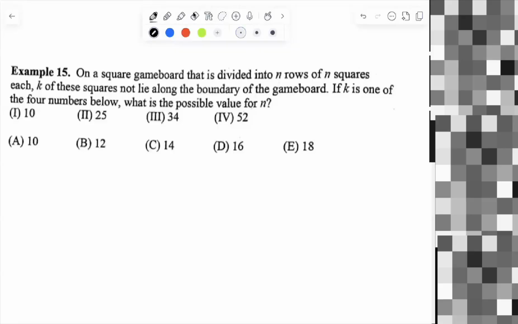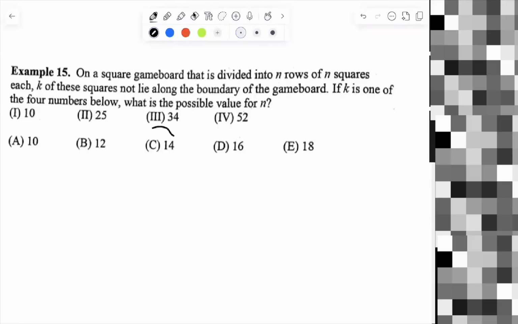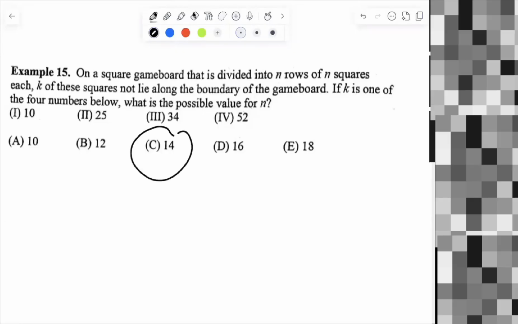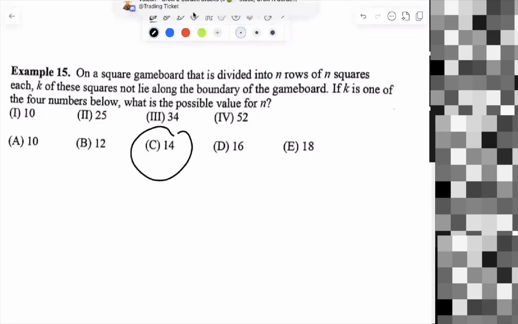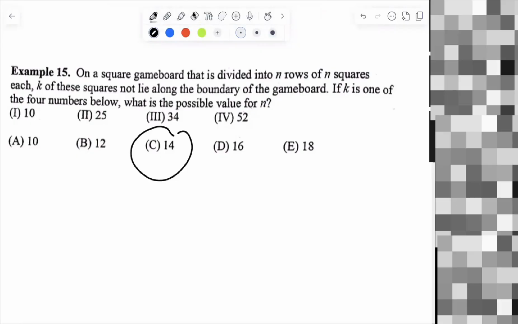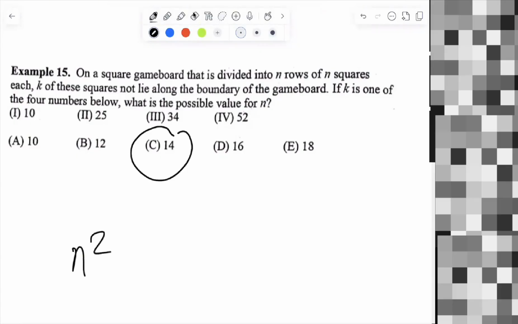Alright guys, let's get started with this question. So the answer is C. We can find out by testing the values. The total area, n rows of n squares each, is n squared.